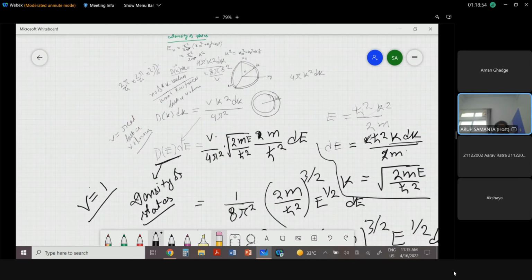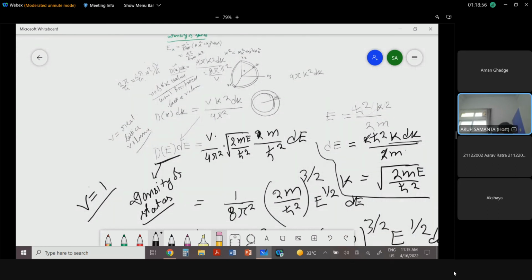We started from the 3-dimensional reciprocal lattice with the energy value E(k) is h square by 2m k square, right? K square is kx square plus ky square plus kz square. Then we consider the cell of reciprocal lattice, and the number of k points available per unit reciprocal lattice. That is the definition of the k-point density of state.